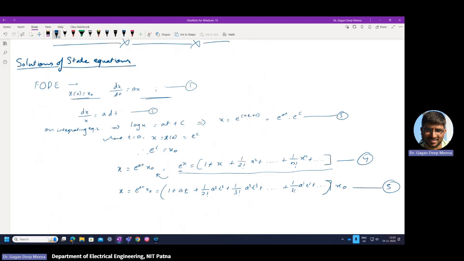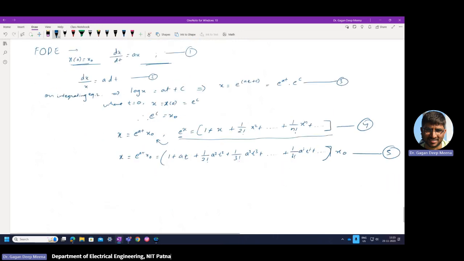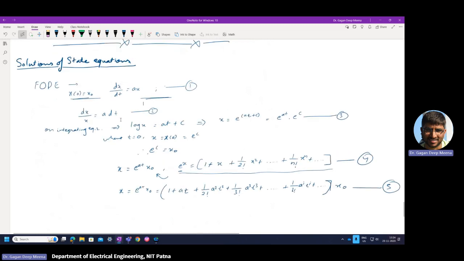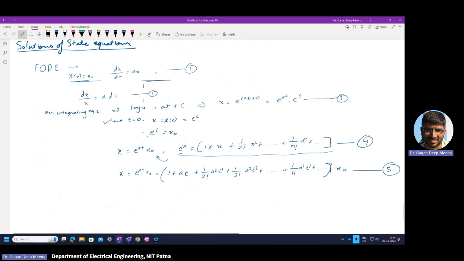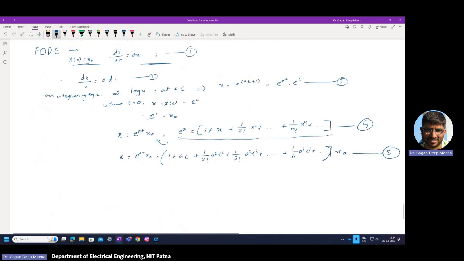Then obviously your state matrix will come into the picture. Here this A was the coefficient for your scalar system and it got expanded into the series. So when you have a state equation in a much larger version of this particular equation number 1, it would be something like this, so I'll just write it here.